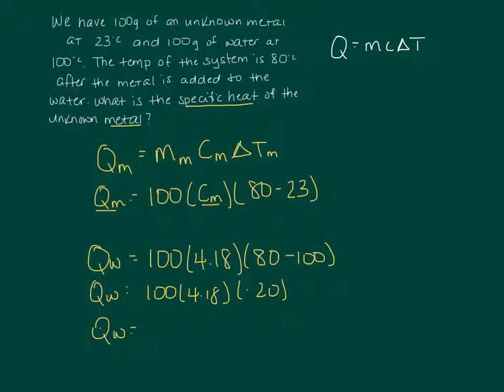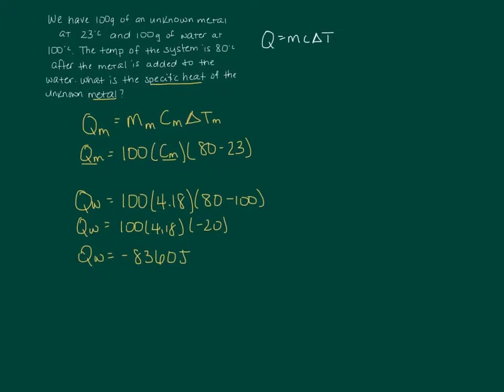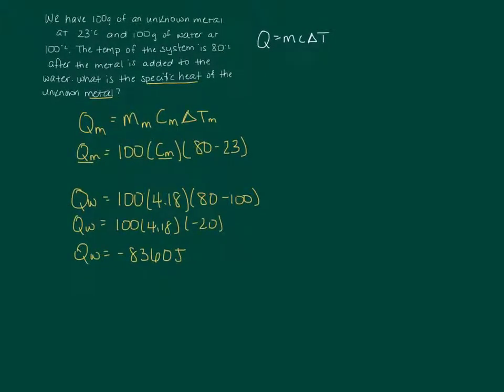So I'm going to get a negative number, specifically negative 8,360 joules. At this moment, this actually doesn't help me all that much. I still haven't found the specific heat of my metal. I found the Q of my water, but I still need to find the specific heat of my metal.